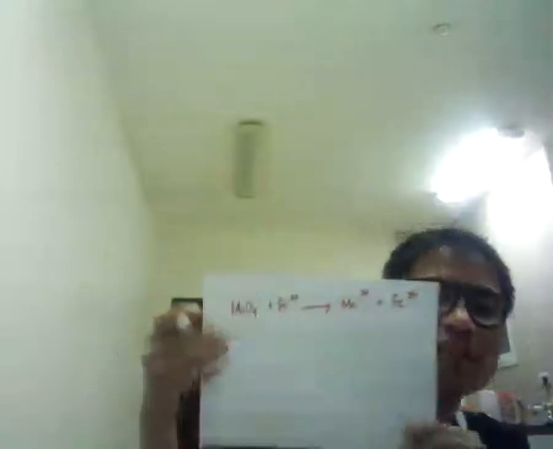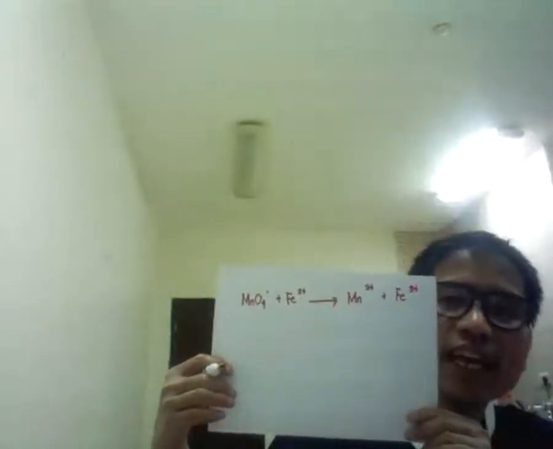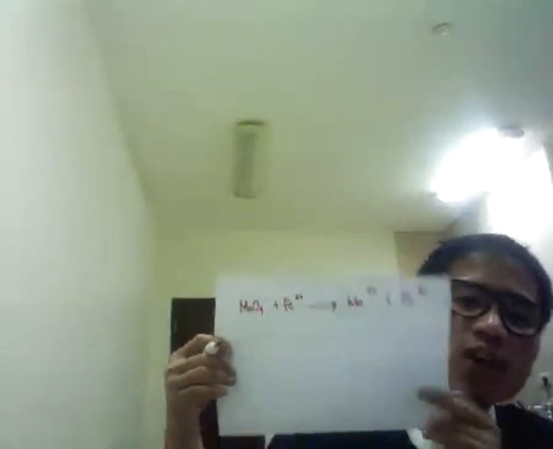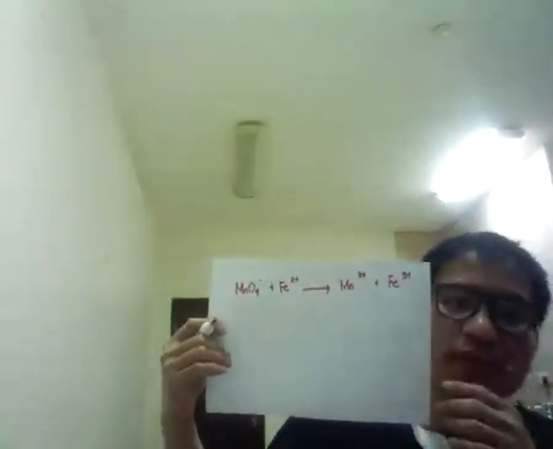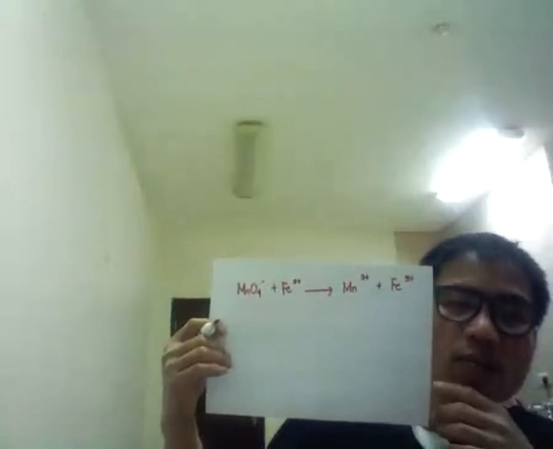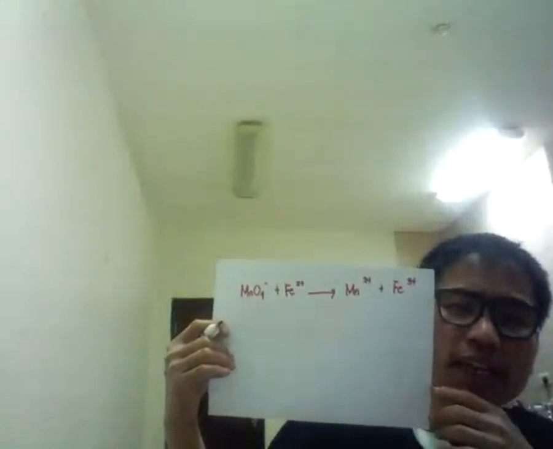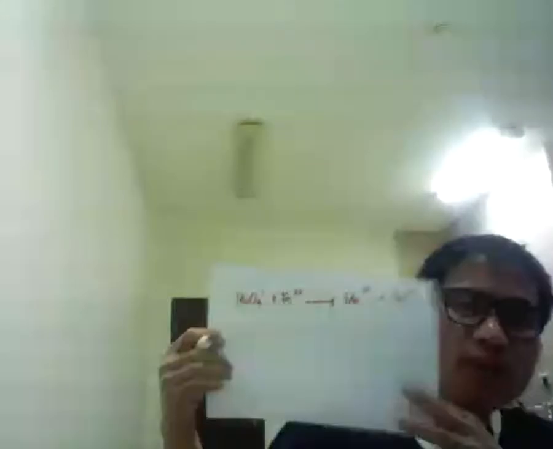And then the result is manganese Mn 2 plus plus Fe3 plus, which is the ferric. This is our specific example: permanganate plus ferrous gives manganese plus ferric.